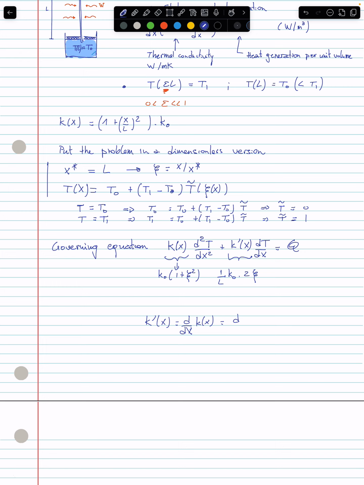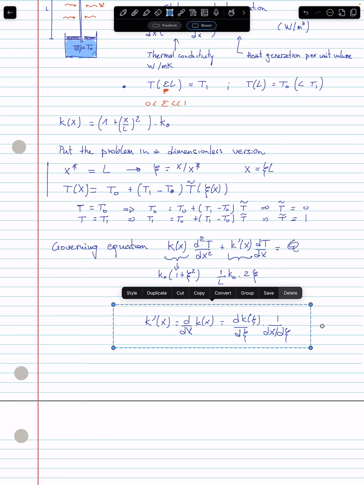So we want to differentiate k with respect to xc, and then divide by dx over dxc. Since x is equal to xc times L, this here is 1 over L. That's just basic principles.